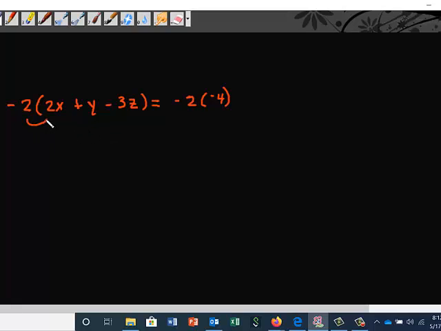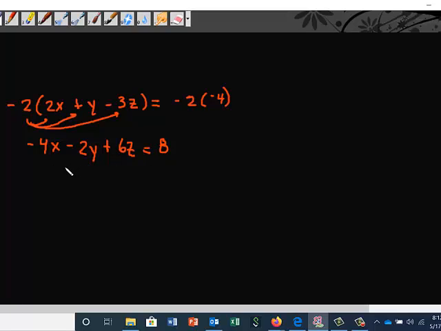So as we distribute, we get -4x minus 2y plus 6z is equal to 8.